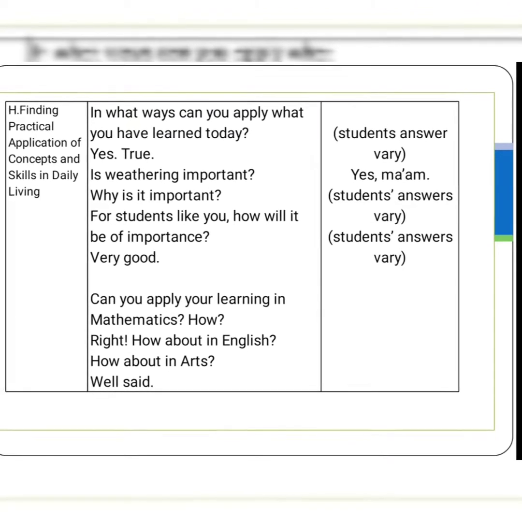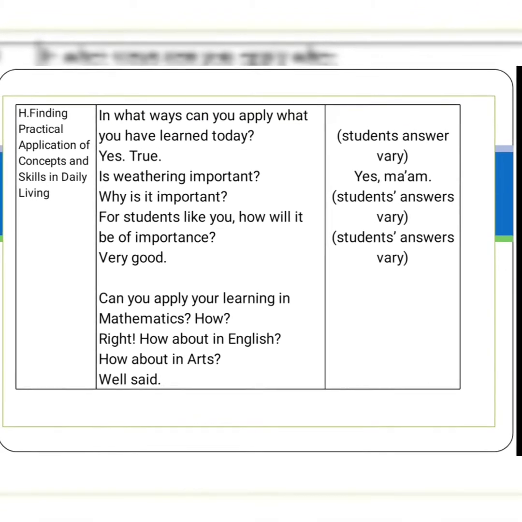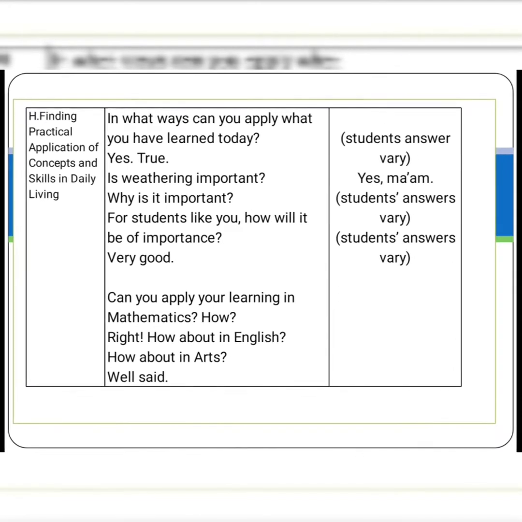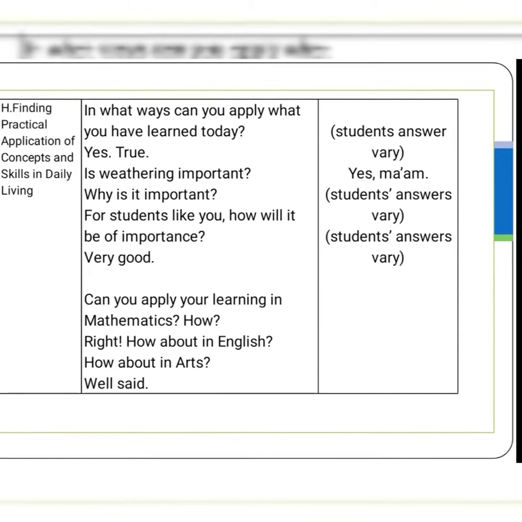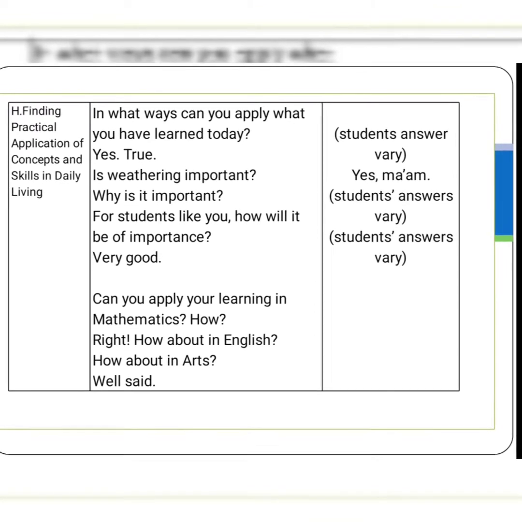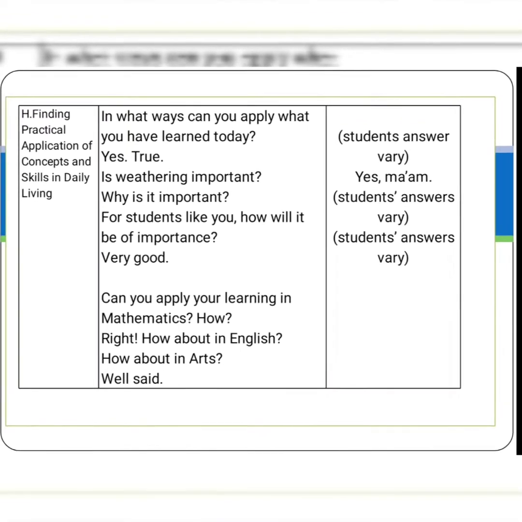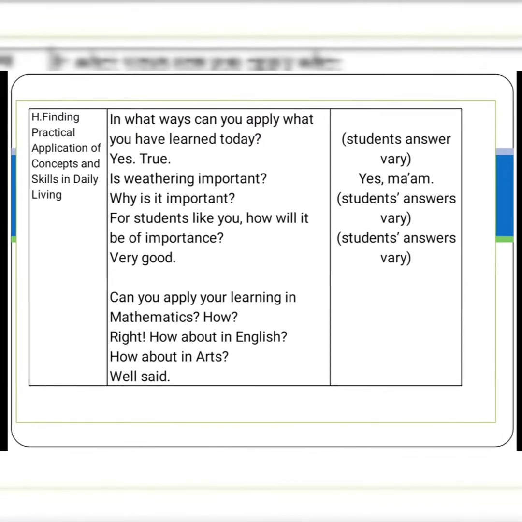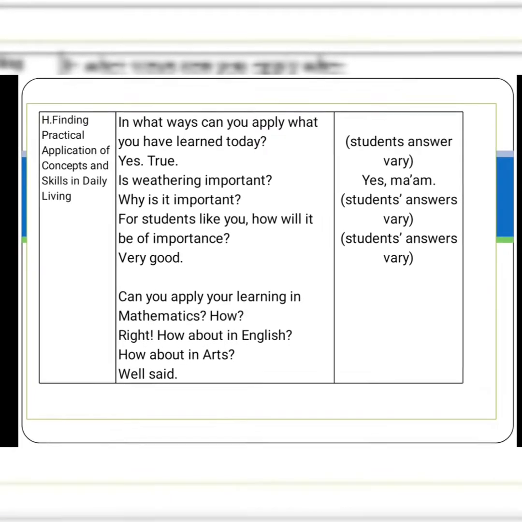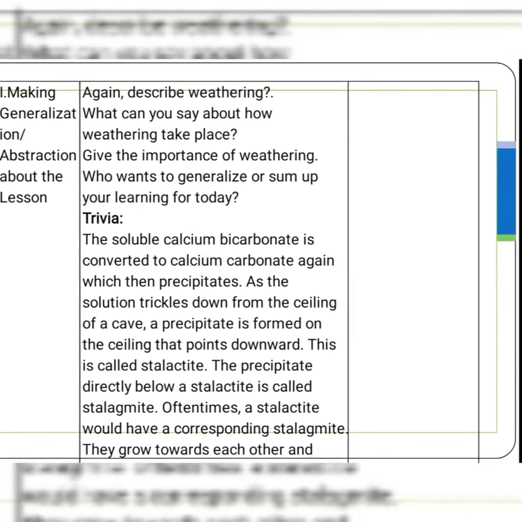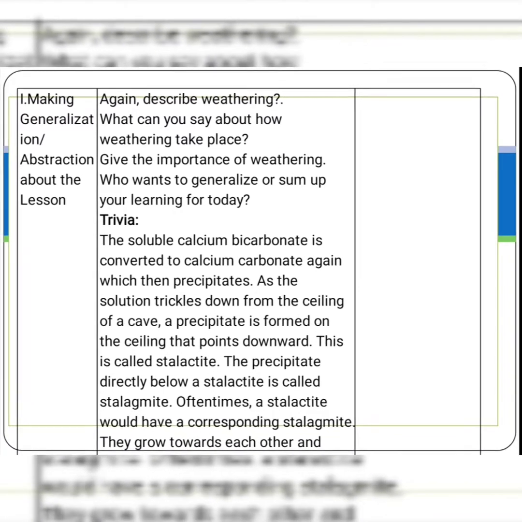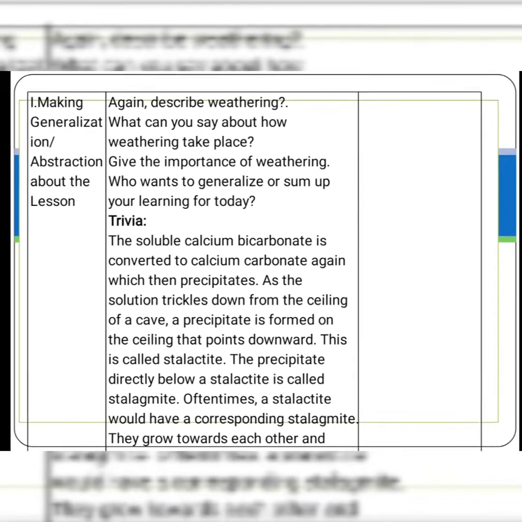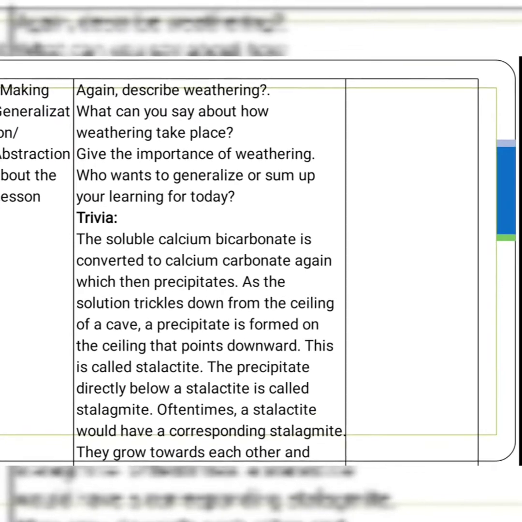So when you write your lesson plan, you have to write their possible answers. Students' answers vary, so you have to fill in with the assumptions that they're answering like this. So provide some examples.